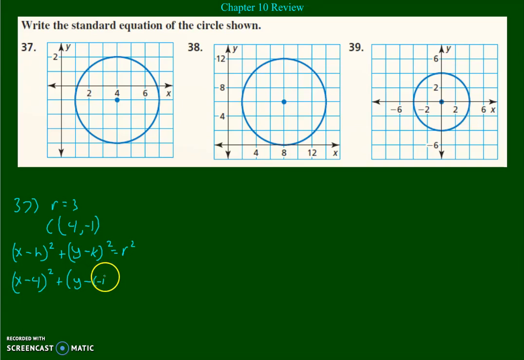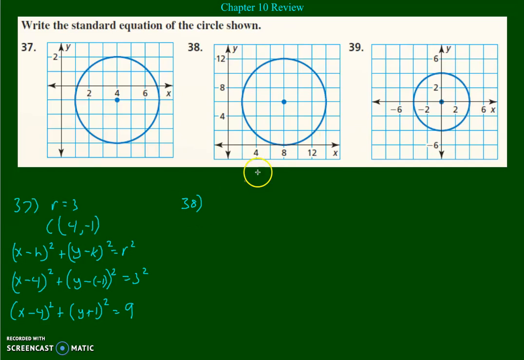So minus negative 1 squared equals, and our r is 3 squared. That gives us x minus 4 squared plus y, this is a plus 1, squared equals 3 squared, which is 9. And that's the standard form of the equation of a circle with center at 4, negative 1 and a radius of 3. Let's go on to 38.